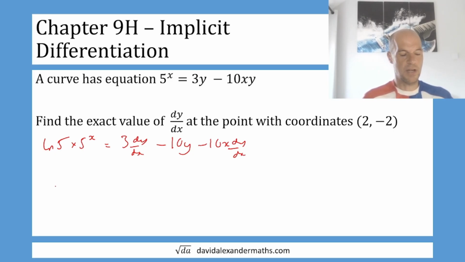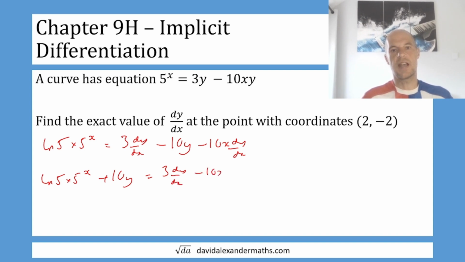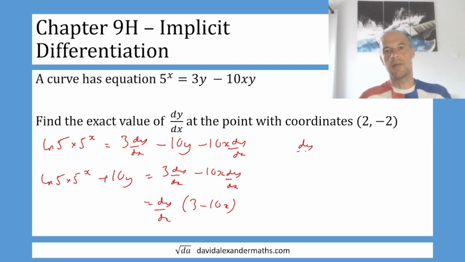So I'm going to add 10y to both sides, so ln 5 multiplied by 5 to the power of x plus 10y is 3 dy by dx minus 10x dy by dx. I'm going to factor out the dy by dx, that'll be 3 minus 10x. So therefore dy by dx is going to be ln 5 multiplied by 5 to the power of x plus 10y all over 3 minus 10x.